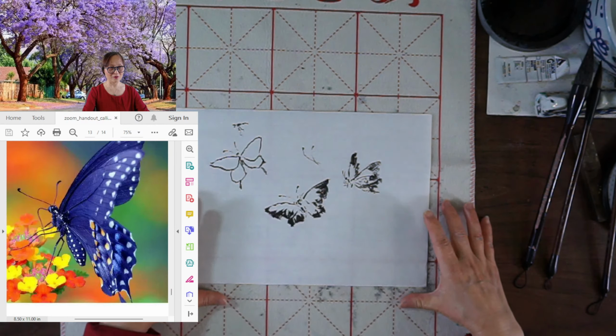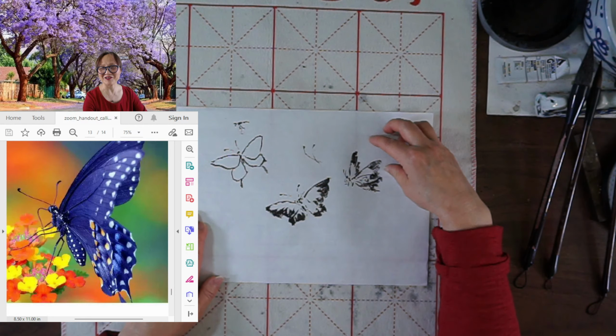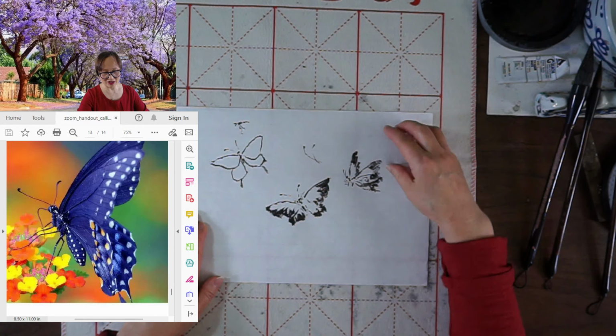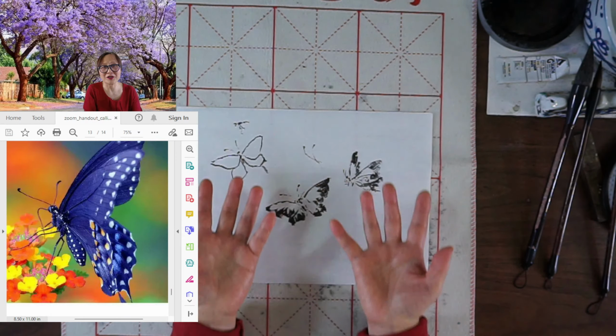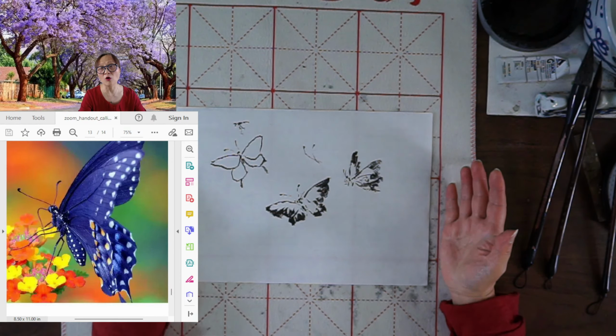Flower here and the butterfly here, to add something, not flower all the way, like a tree, right? Make the whole picture.